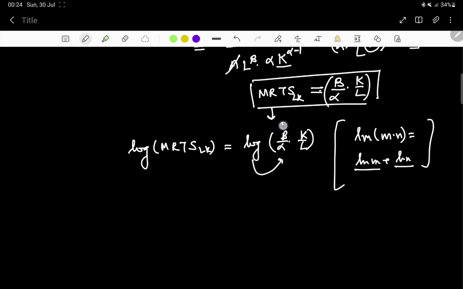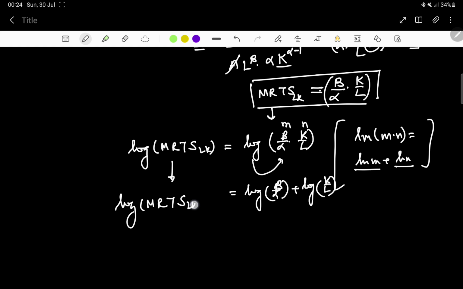So here this is m, this is n, so it can be written as log of β by α plus log of K by L, and here we write log of MRTS LK.